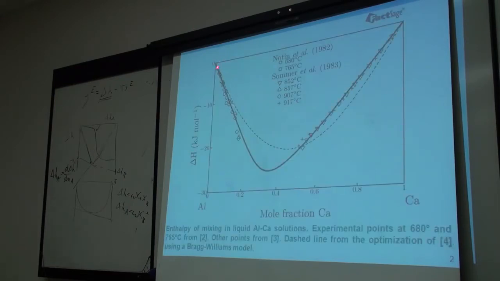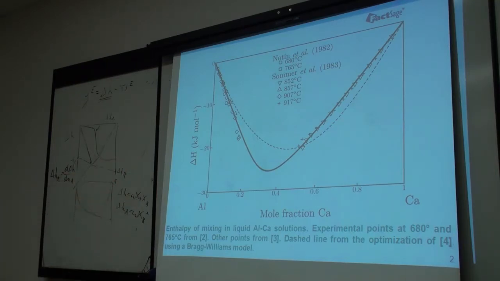As I said, this solution here at 33% tends to be aluminum surrounded by calcium surrounded by aluminum, so it has a very low entropy. It's quite ordered, it's highly ordered. So if it were completely ordered, the entropy of mixing would be 0.